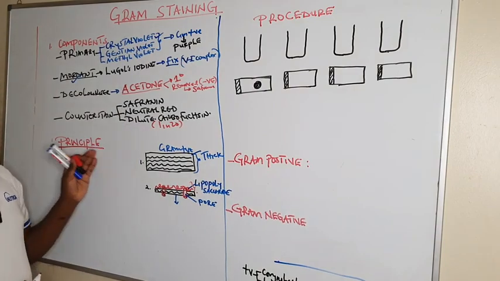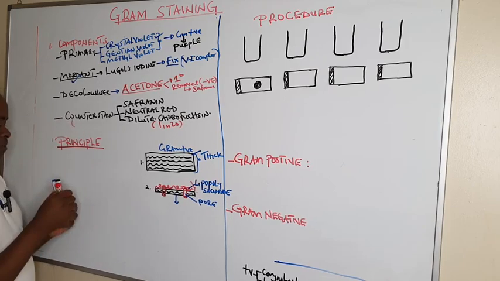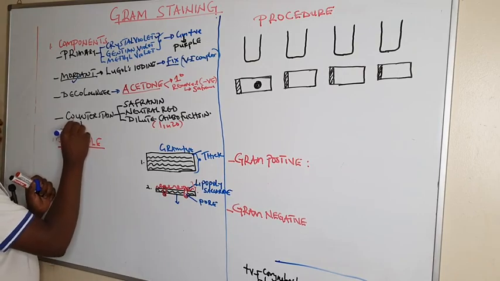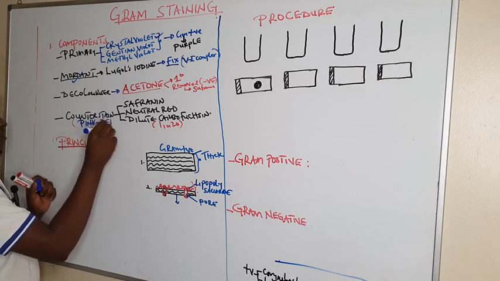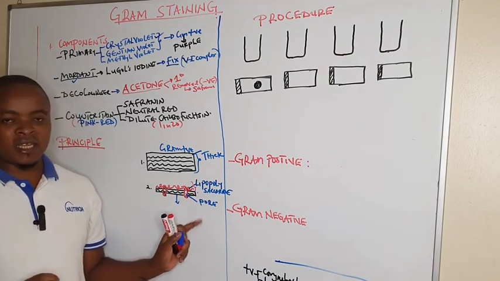What is the importance of a counter stain? The counter stain imparts color, making the gram-negative organisms look pink or red. Why? Because gram-negative bacteria have a thin peptidoglycan layer.